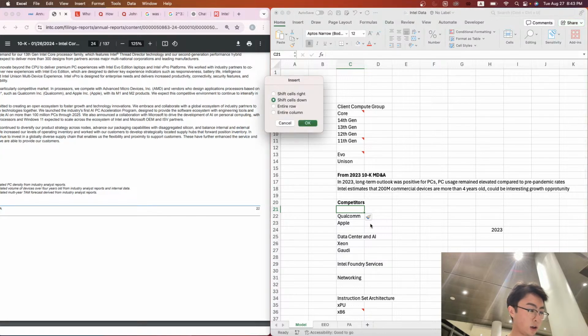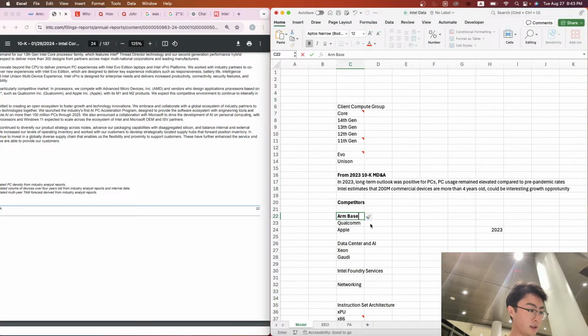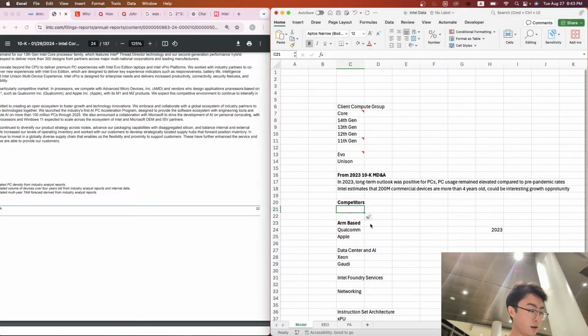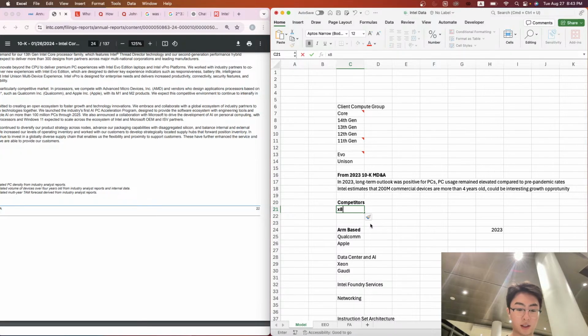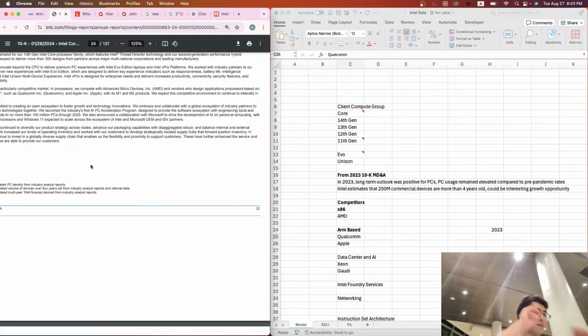So these are all ARM-based. So ARM-based, and then x86. So x86 AMD is probably the big one here. I don't think NVIDIA is too much of a threat right now in terms of CPU architectures. I don't know.